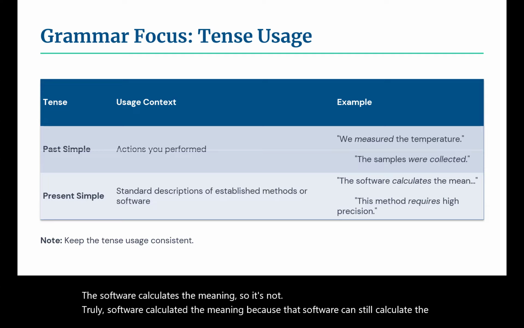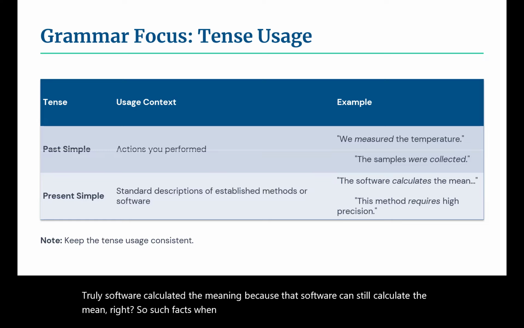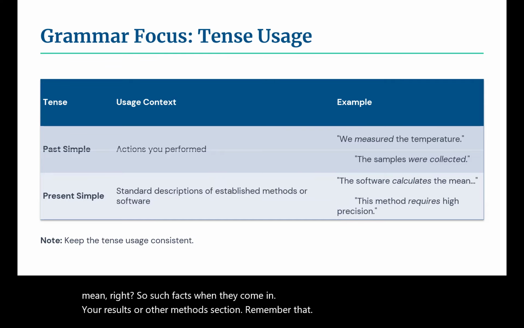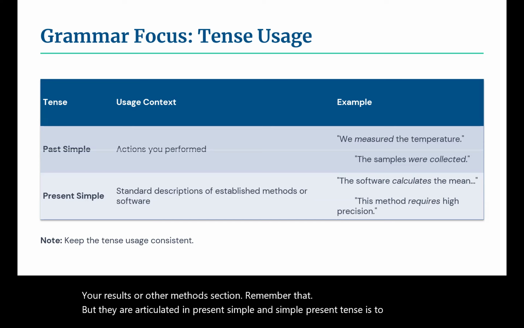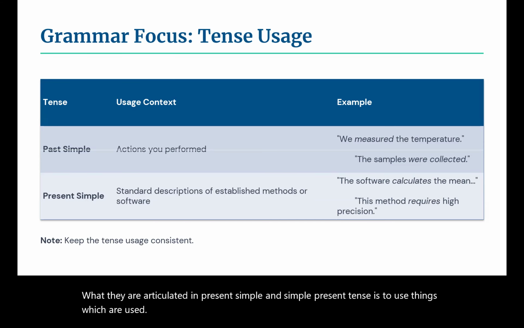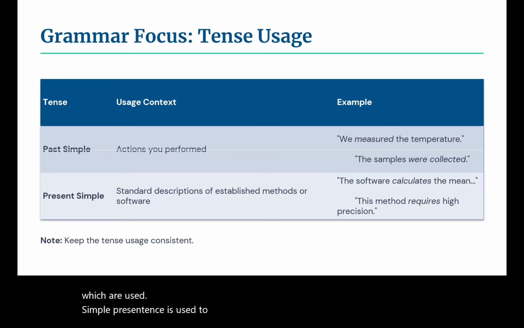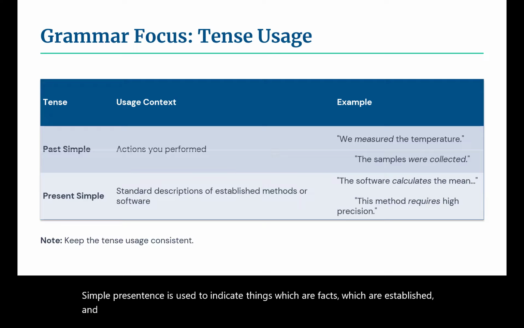Such facts, when they come in your results or other method section, are articulated in present simple. Simple present tense is used to indicate things which are facts, which are established, and which are universal, in the sense they can be true at any given moment of time.